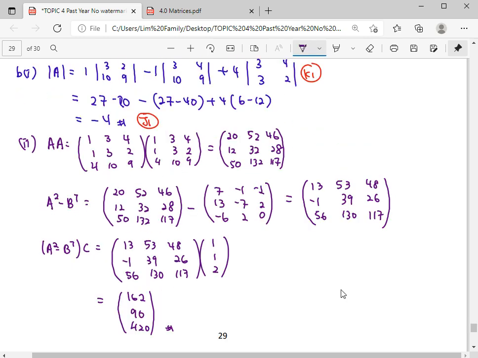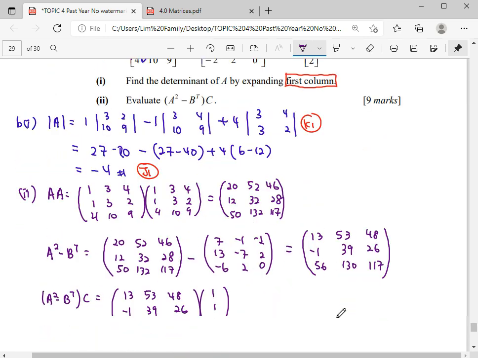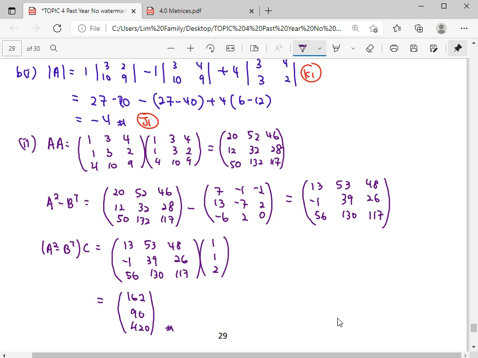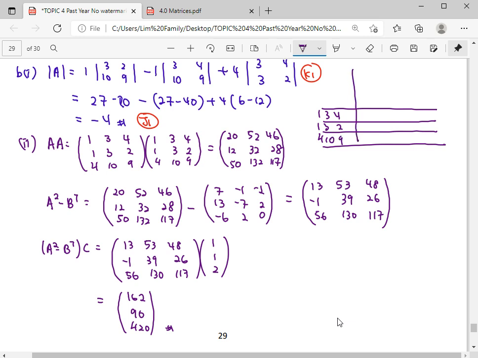I show here the remaining part, which is A times A. Row one, two, three: 1, 3, 4, 1, 3, 2, 4, 10, 9 times the 3 columns: 1, 1, 4, 3, 3, 10, and then 4, 2, 9.